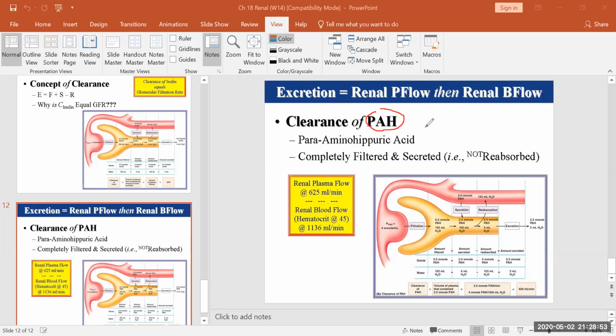In other words, the volume of blood plasma flowing through your glomeruli.